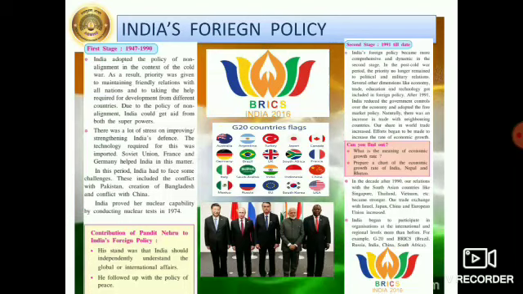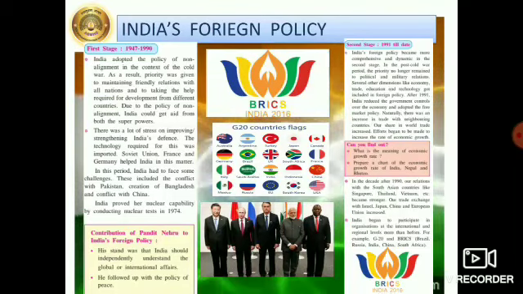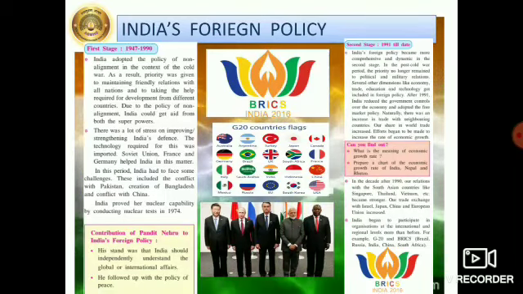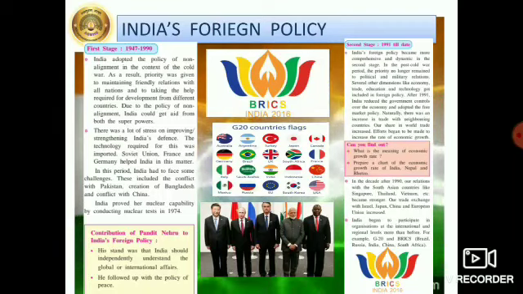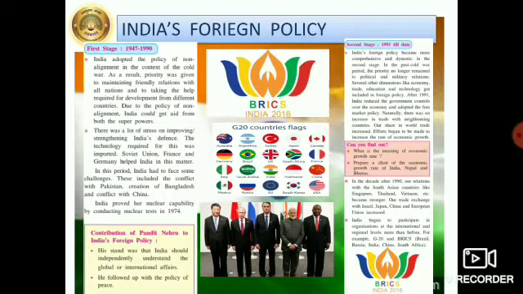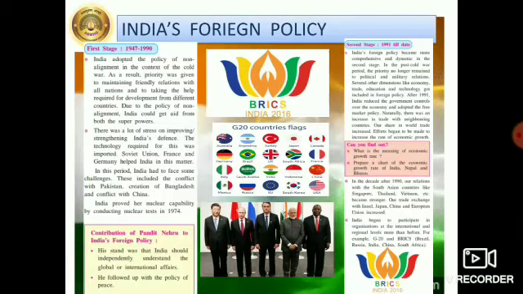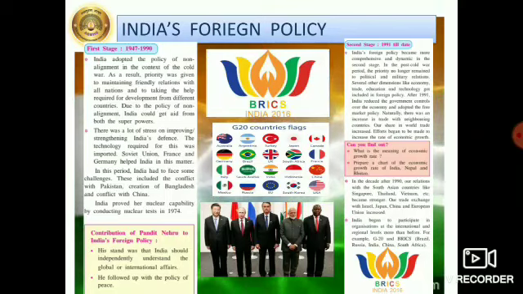After 1991, India reduced the government control over the economy and adopted the free market policy. Means our country can have trade with any country in the world. The people staying in our country can have trade relationship, business relationship with any country.